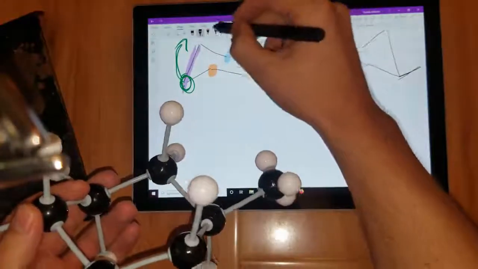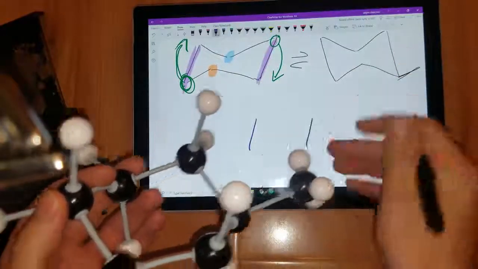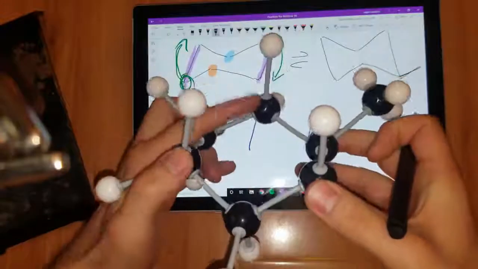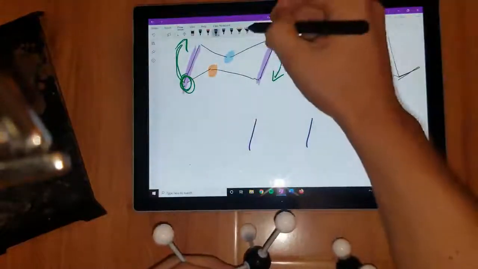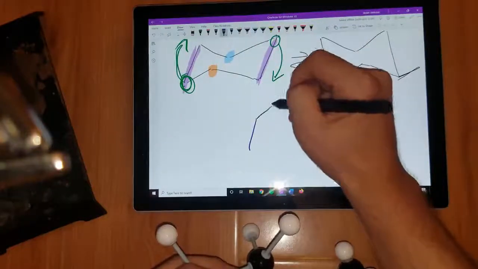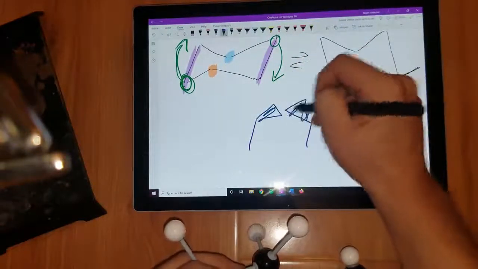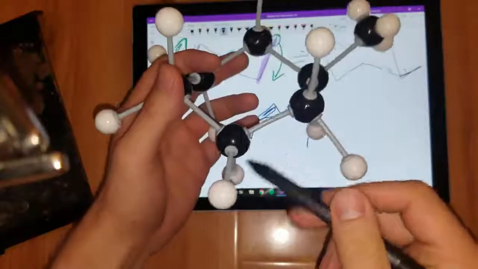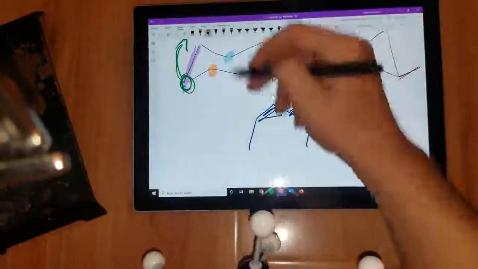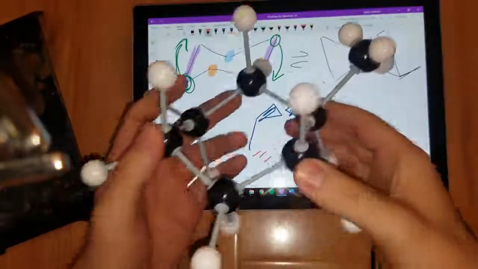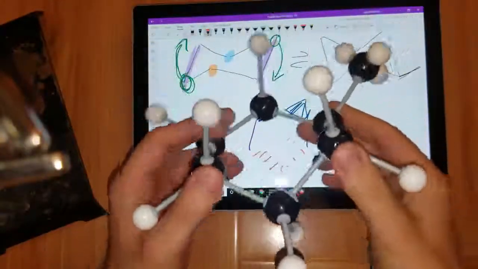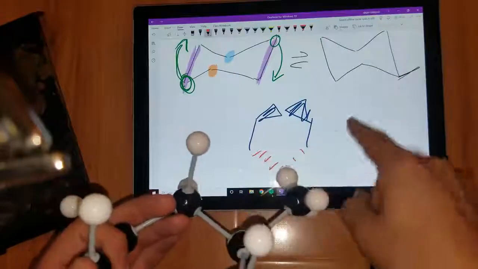You could draw these two in the same plane, but now the back one's kind of coming up, so it looks something like this, I don't know. And then you can see that the front carbon is kind of going down. So you can draw it like this, right? This isn't really going in and out of the board, more showing up and down. And you see how this is very confusing to look at.